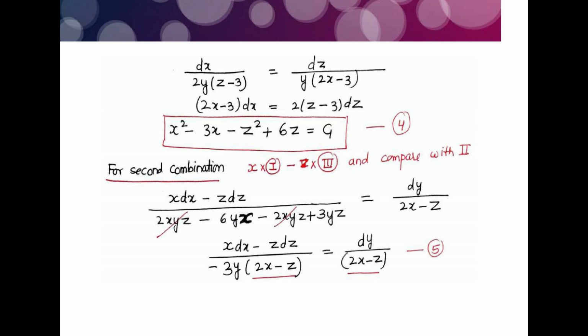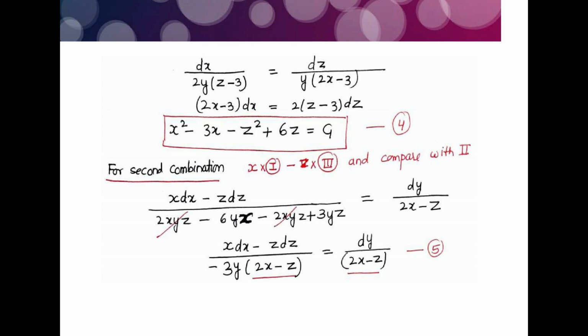Now we have dx upon 2z minus 3 equal to dz divided by 2x minus 3. This is a first order differential equation in variable separable form, so you can easily integrate this. And we have the first integral curve given by equation number 4, which is x square minus 3x minus z square plus 6z equal to c1.